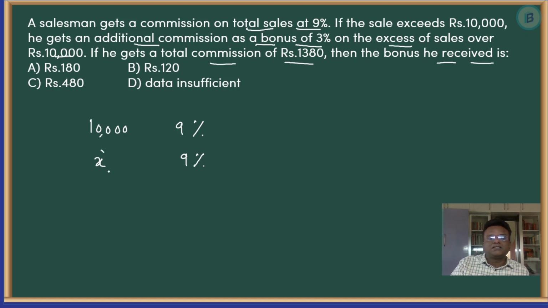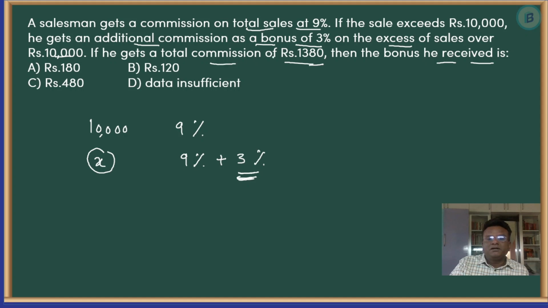So on this excess sales, which is above 10,000, he gets this 9% plus this additional 3%. Now we have been told that his total commission was 1380. Then what is his bonus? So we have to find the amount related to this 3%.